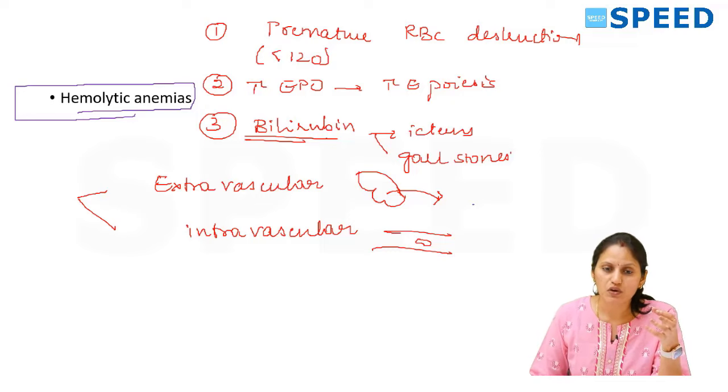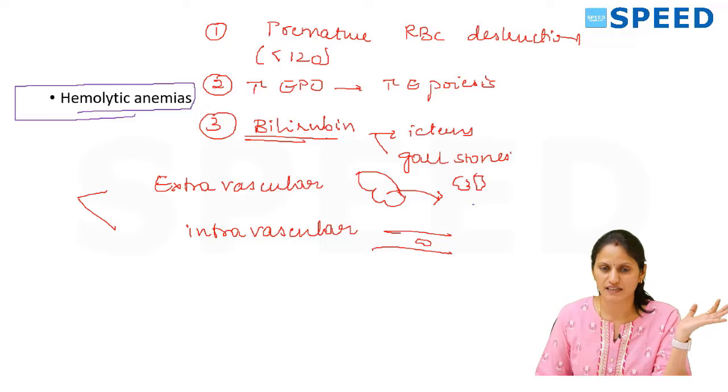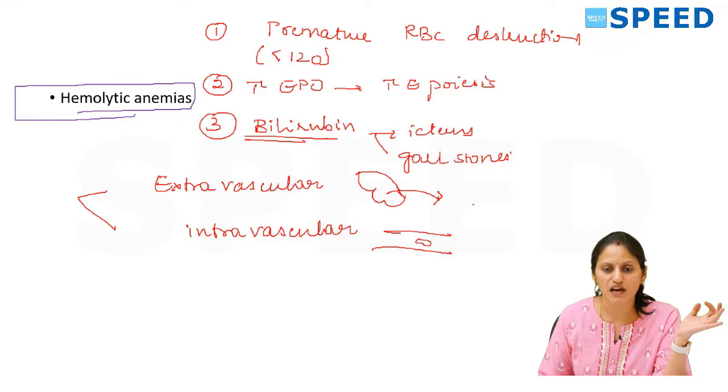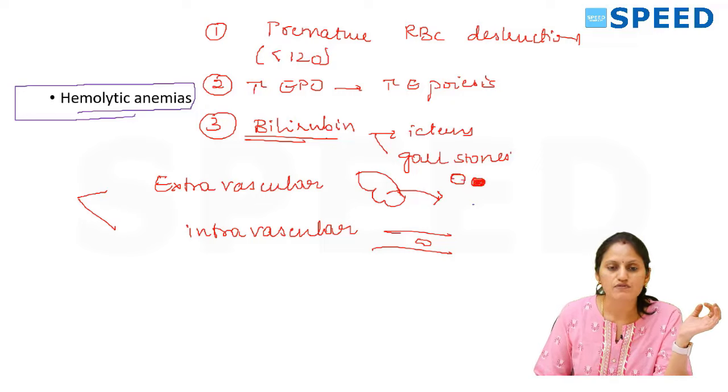Whenever it is broken down in the spleen, the RBCs are not just fragmented like that. What happens is, the membranes of the RBCs are slowly pinched off and this leads to formation of microspherocytes.